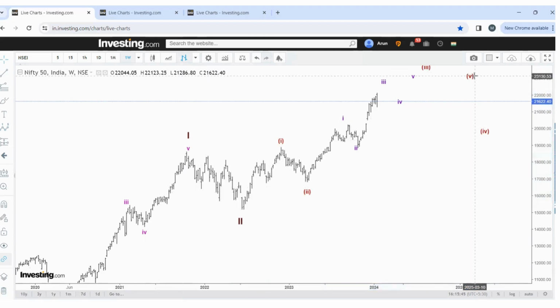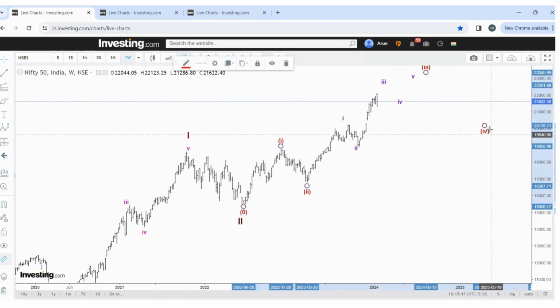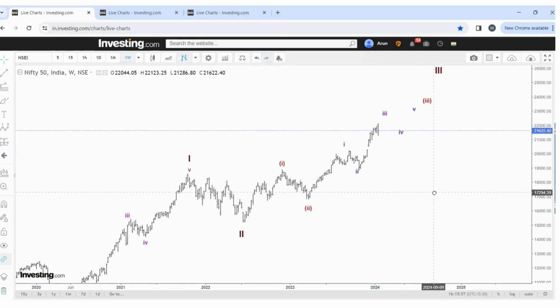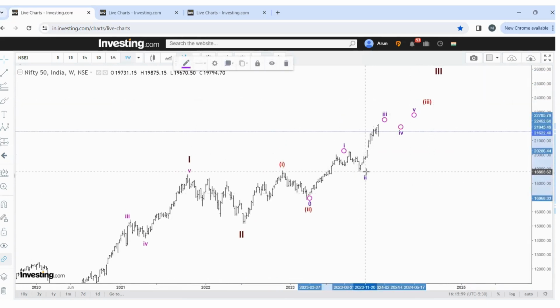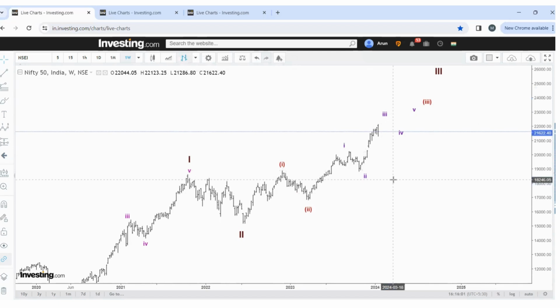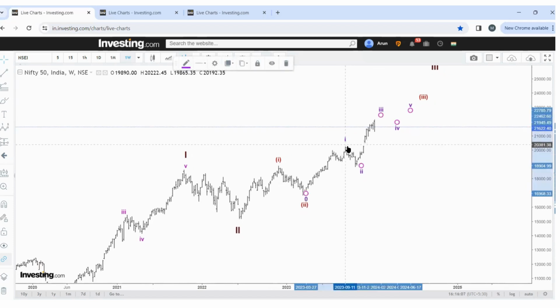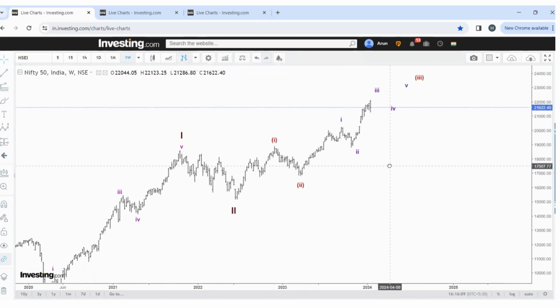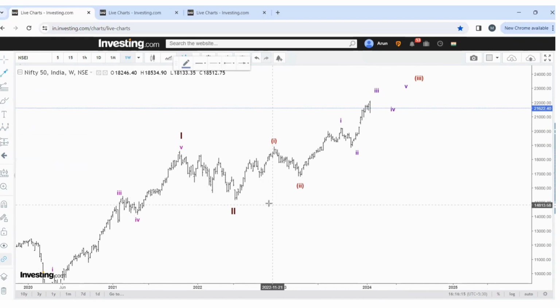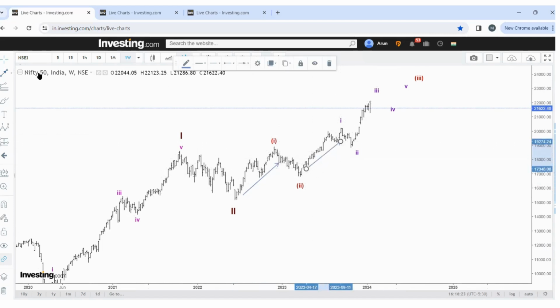I hope you're understanding now. Since the rule has been violated here, we need to change the count like this. Fine. The second most interesting thing: why can we say it is a third wave? See the slope. Though it is a third wave, all these are part of the third wave.